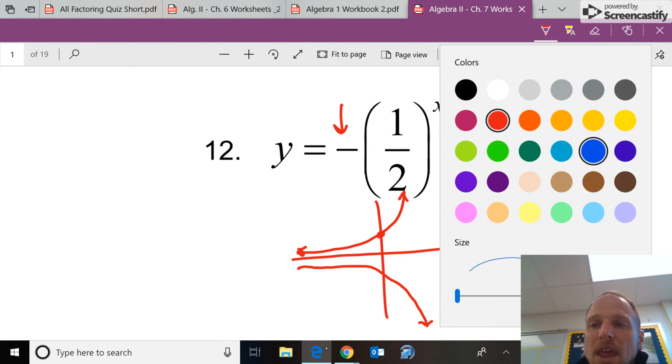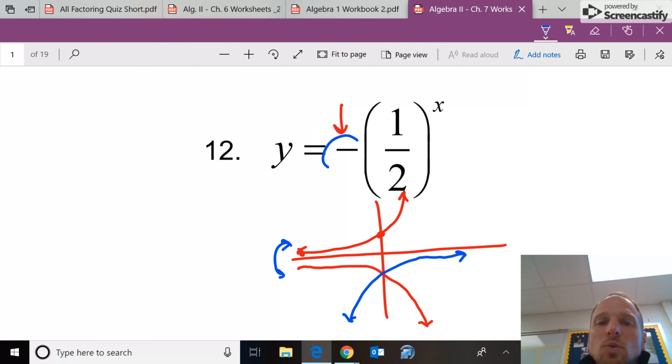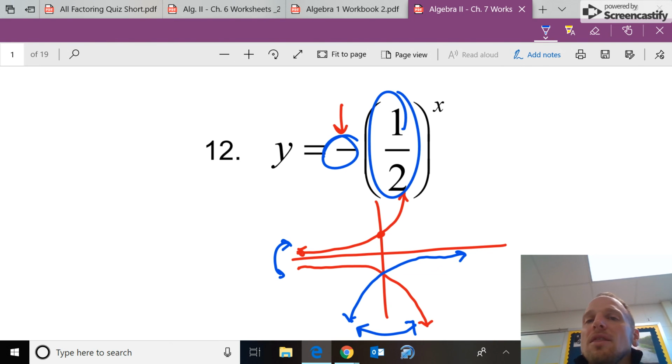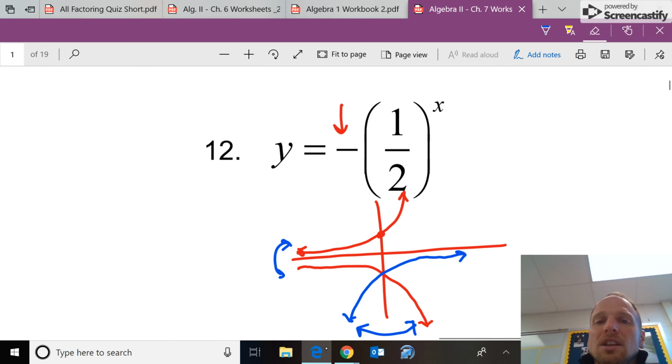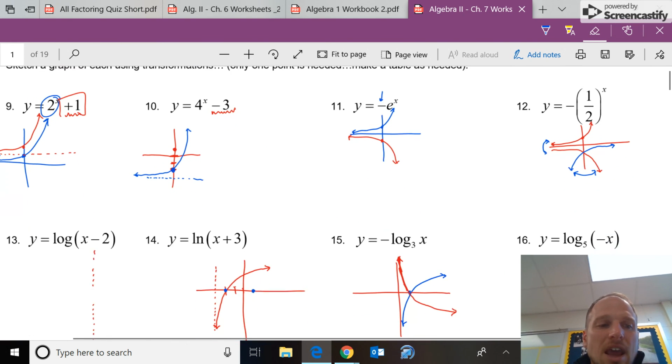And when we flip that, when we reflect that over the y-axis, that is what our final one is going to look like. So this first flip right there, that's because we have a negative out front. The second flip right there, going from there to there, getting to the blue, that's because that number is a fraction and it leads to a flip over the y-axis.